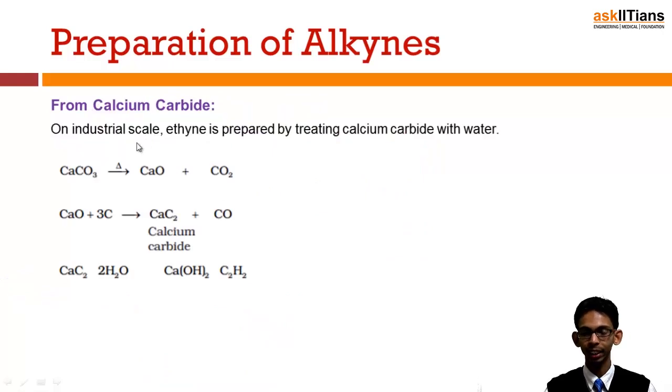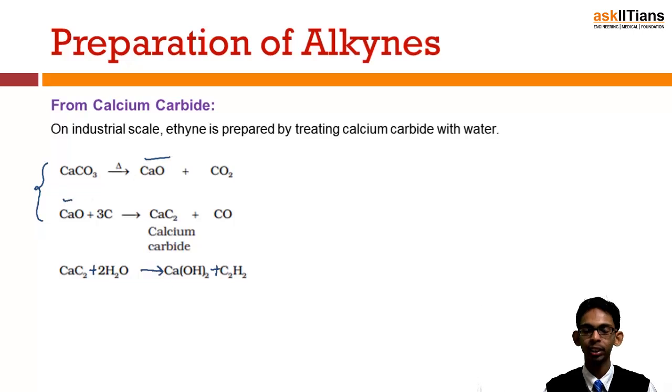Now this is the industrial method used for preparation of alkynes, in which alkynes are formed by hydration of calcium carbide. This is the reaction in which calcium carbide is hydrated to form calcium hydroxide and alkyne. These are the two reactions showing how calcium carbide is formed. For forming calcium carbide, calcium carbonate is heated, which results in the formation of calcium oxide.